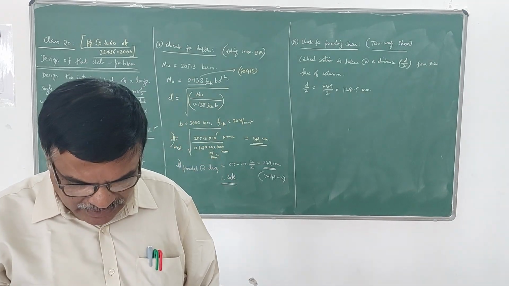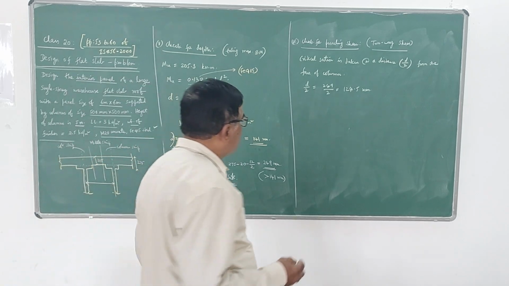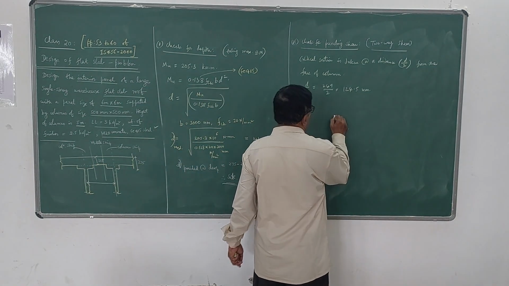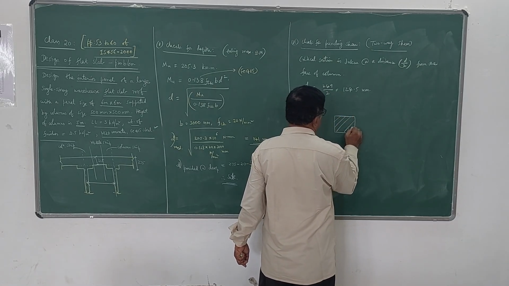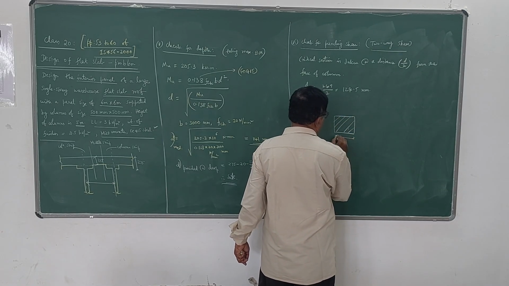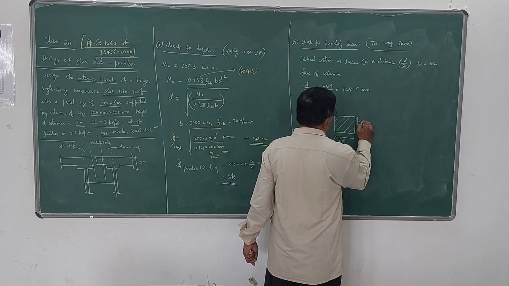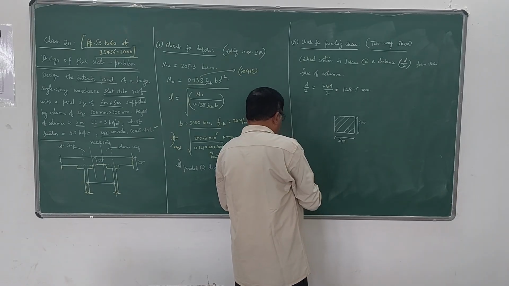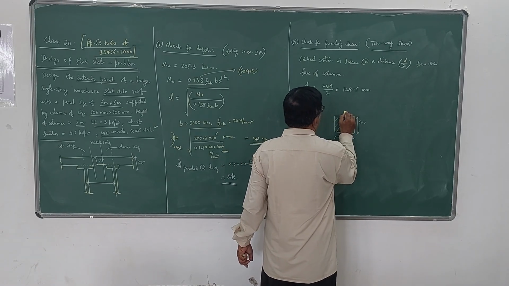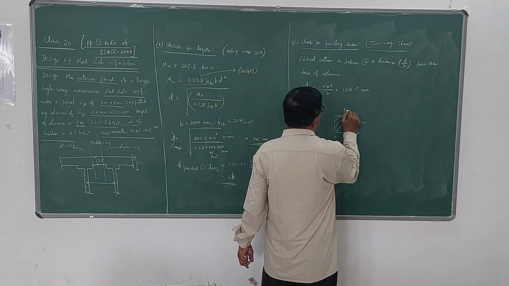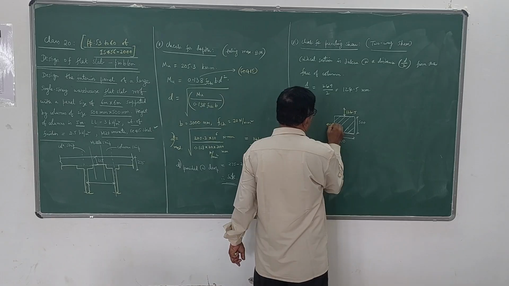So we are calculating at the column strip now. This is the column. Now you show the critical section. This column dimension is 500 mm by 500 mm. This punching shear we have to calculate at a distance from the faces of the column. So this d by 2, that is 124.5 mm, this side as well as this side.